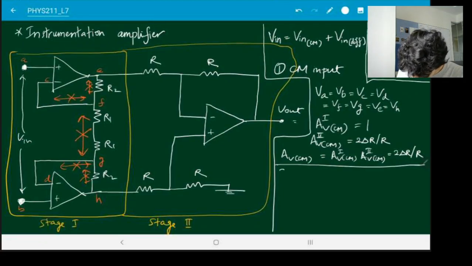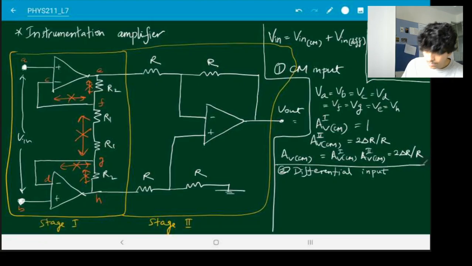Now let's see what happens when we have differential input. Now in this case, if you analyze the first stage, you will see that each of these op-amps is just like your non-inverting amplifier.